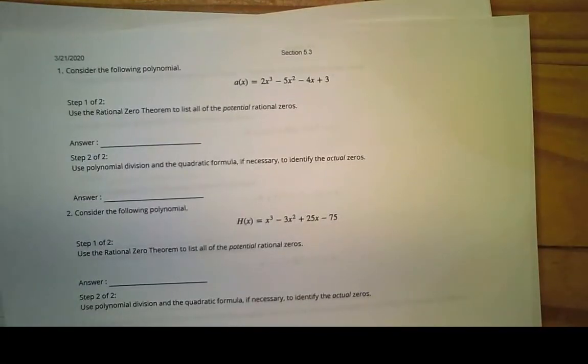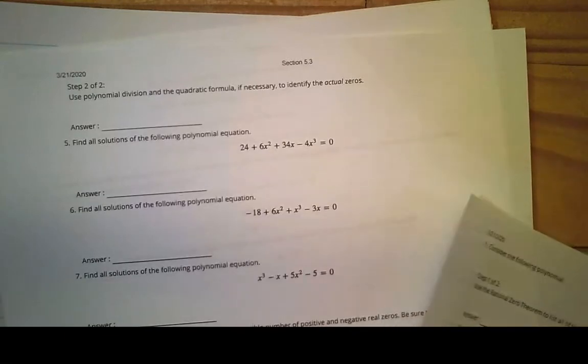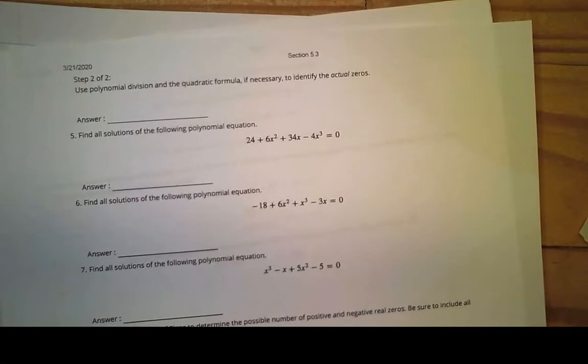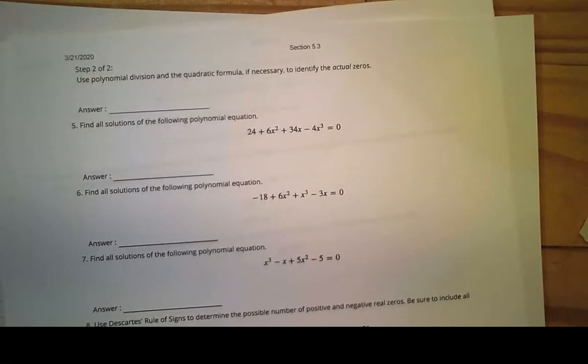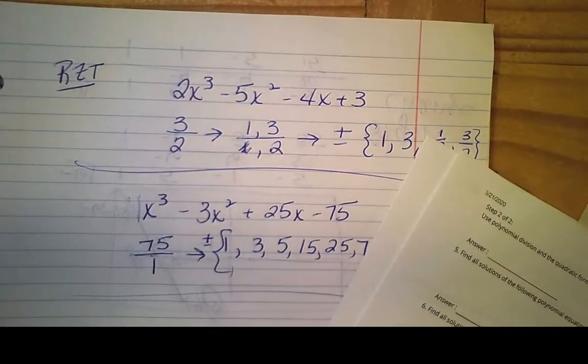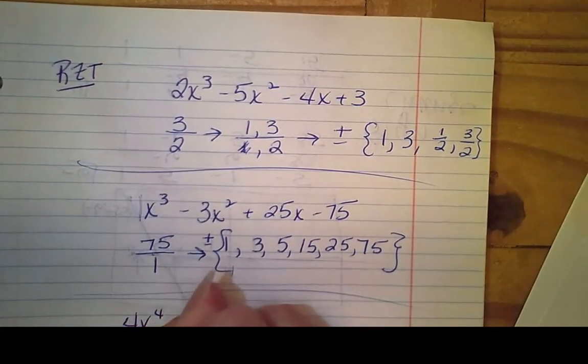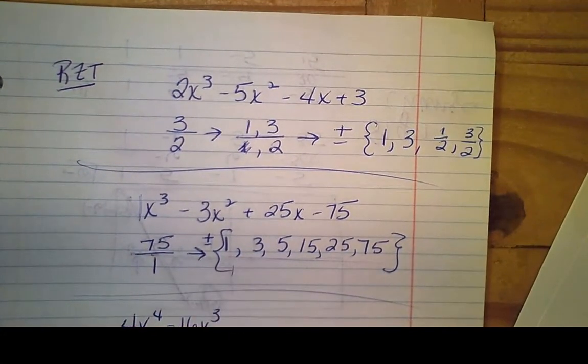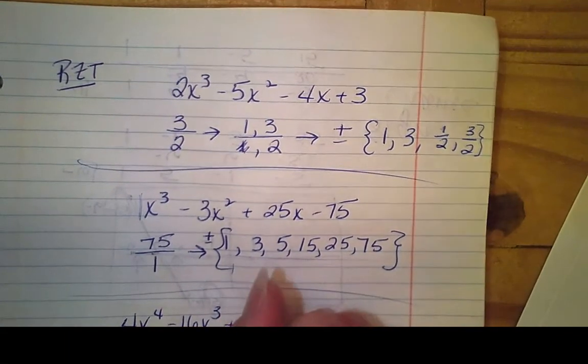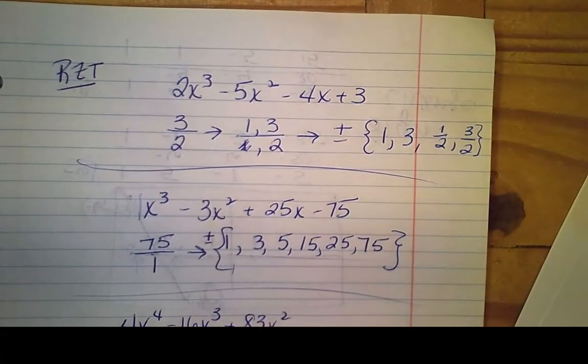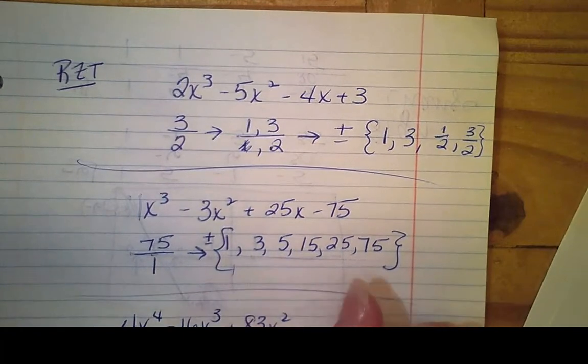So we've got 2x to the fourth. Hang on, I just did one like that. Just a minute now. All right, I've got 4x^4 - 16x^3 + 83x^2 - 4x - 21.